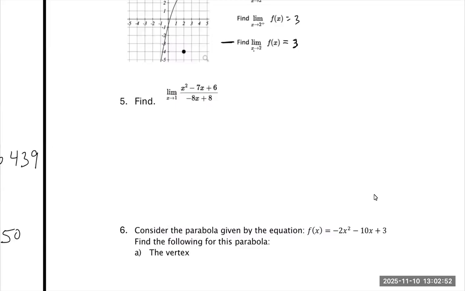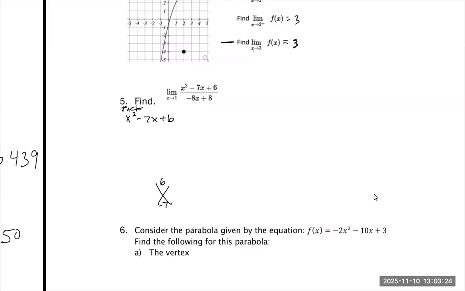Factoring the numerator, I'm going to use the x method. Because the coefficient on the x squared term is 1, all I have to do is find two numbers that multiply to be 6 and add to negative 7.